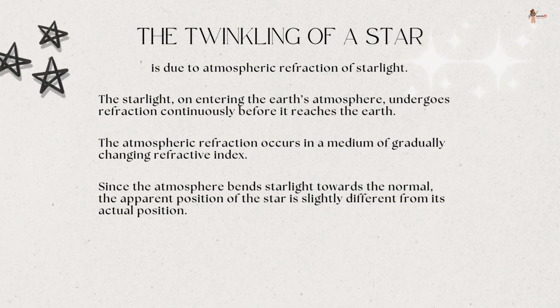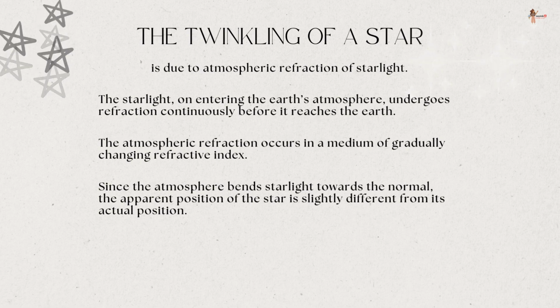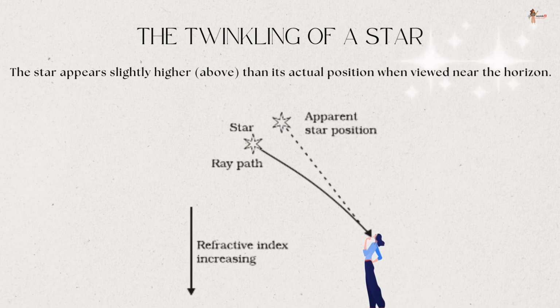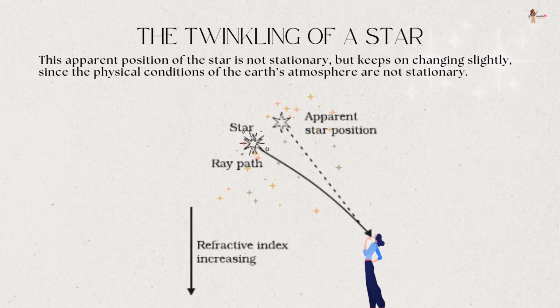Since the atmosphere bends starlight towards the normal, the apparent position of the star is slightly different from its actual position. The star appears slightly higher than its actual position when viewed near the horizon. Further, this apparent position of the star is not stationary but keeps on changing slightly, since the physical conditions of the Earth's atmosphere are not stationary.